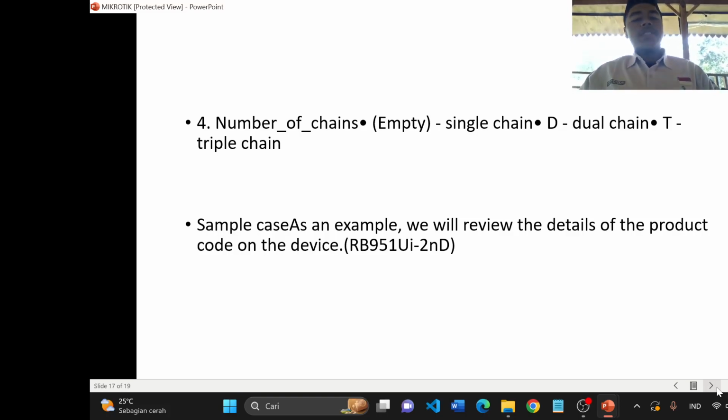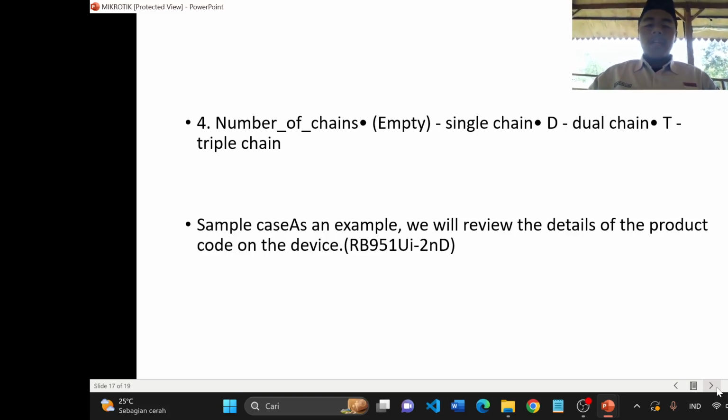As a sample case, for example, we will review the detail of the product code on the device. RB951Ui-2nD. We read it like that.